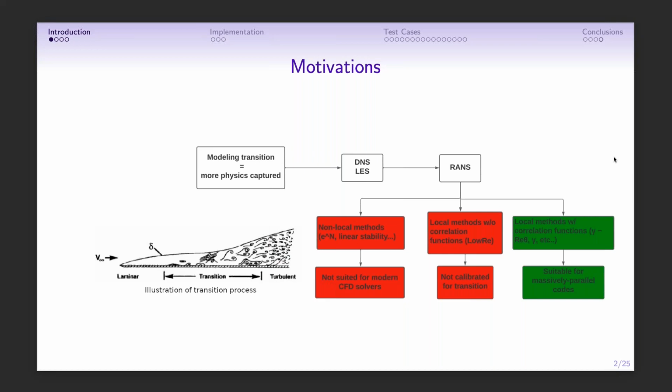In the end, there are local methods with correlation functions, like the gamma theta model that I'm going to present to you, and also its skinnier version, the gamma model. They are suited for massively parallel codes since they rely only on local information, which is readily available, and they are calibrated empirically with respect to transition experiments or higher fidelity simulations.